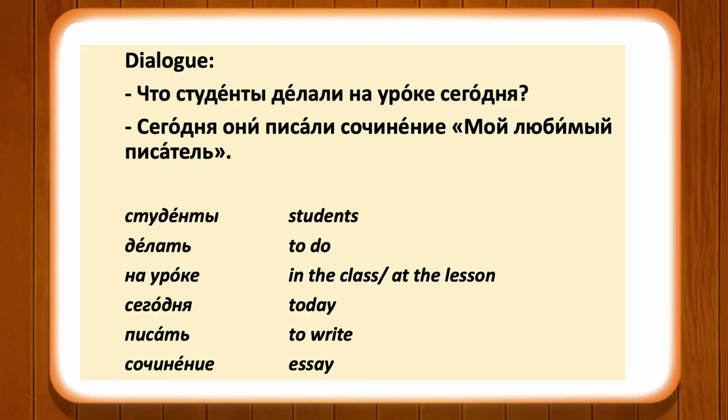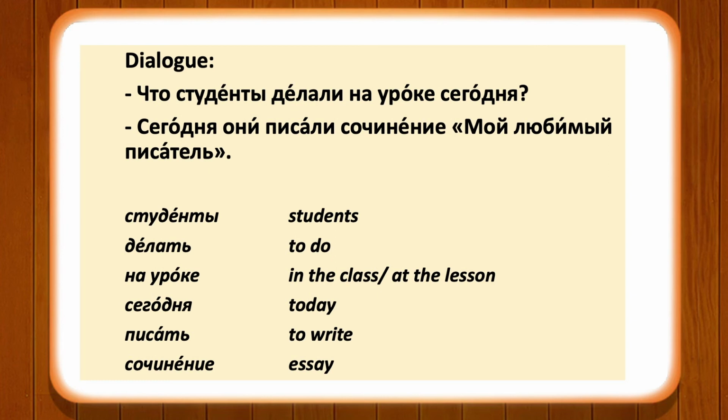The first dialogue is: Što studenti делали на уроке сегодня? Studenti is students. Делали is the past tense form of the verb делать. На уроке, in the class. Сегодня means today.